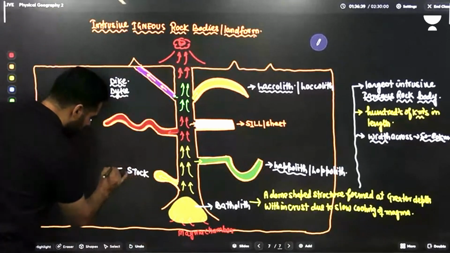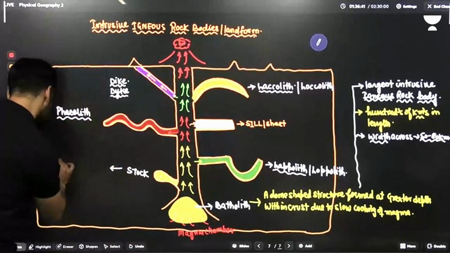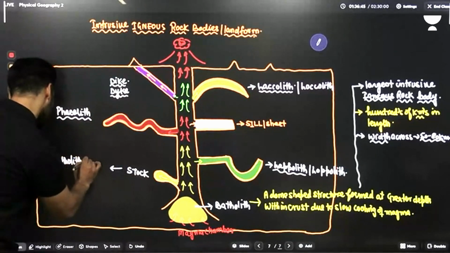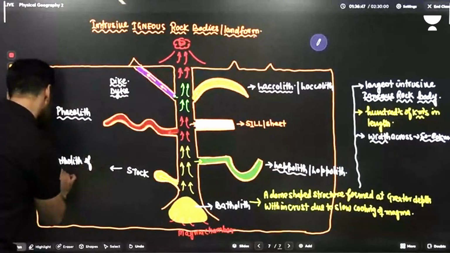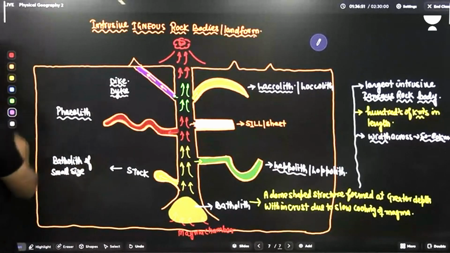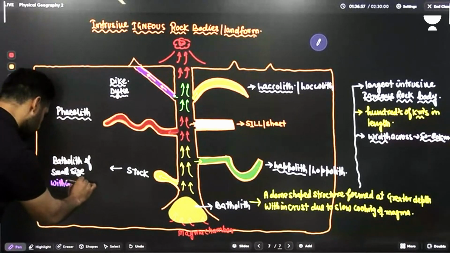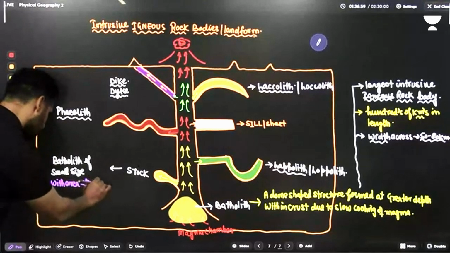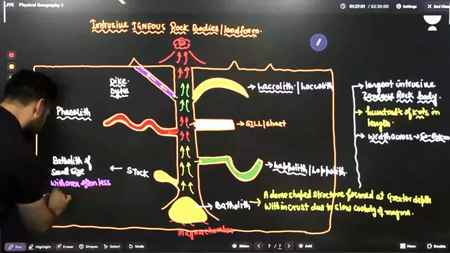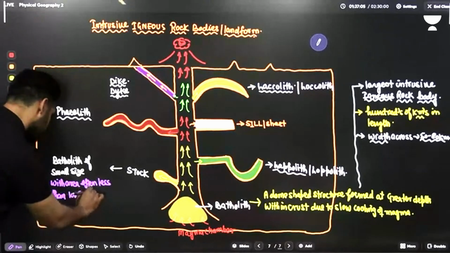Stock. You will remember stock is batholith of small size. So can I say it is a small dome shape size with area often less than 100 square kilometer.